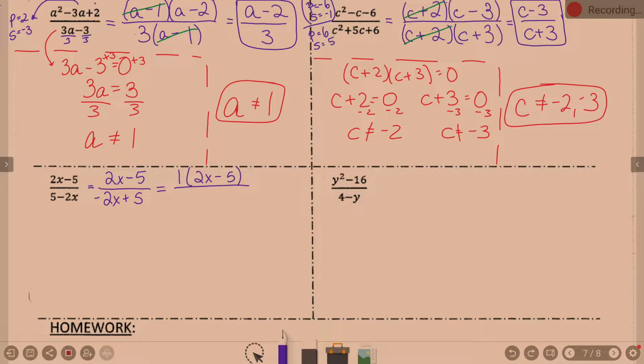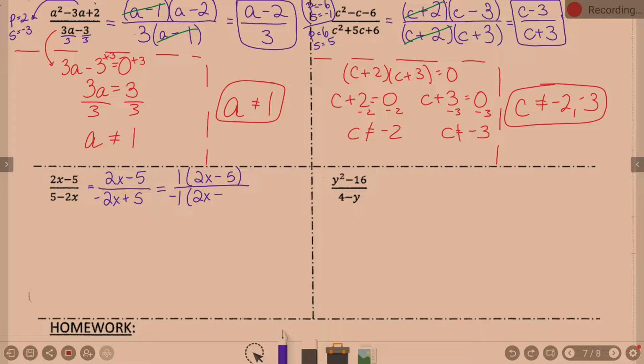Now, the whole reasoning is in the denominator. If we factor out a negative 1 instead, what's 2x divided by negative 1? Negative. Now, if I take negative 2x and divide by negative 1, it's positive 2x. What if I take positive 5 and divide by negative 1?